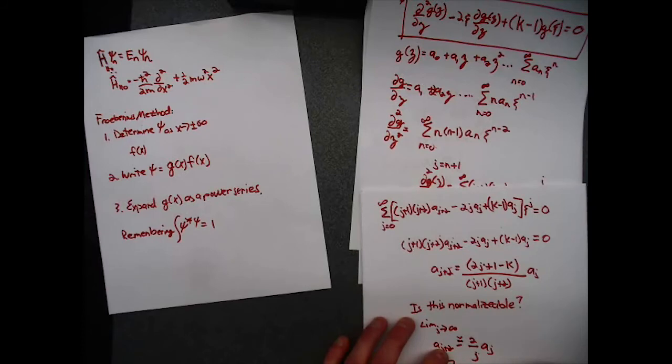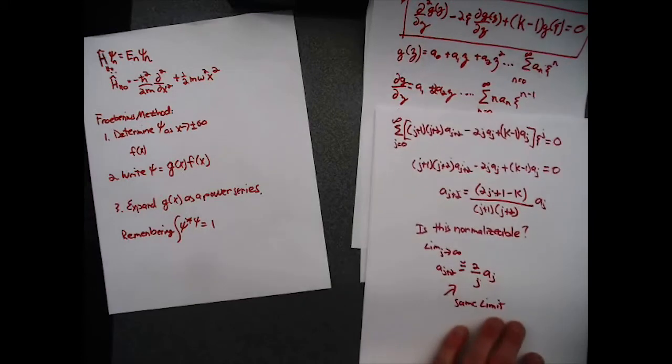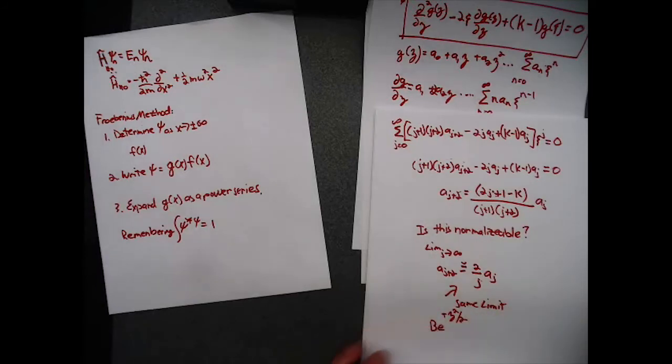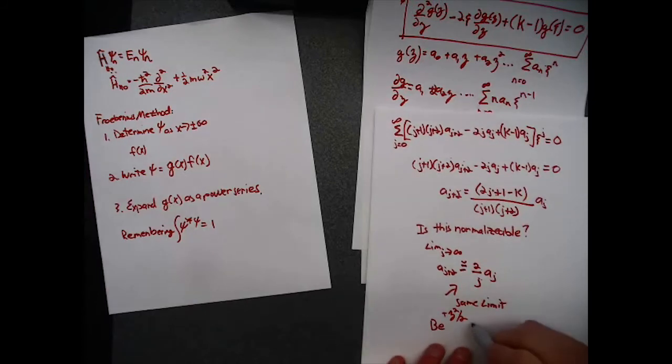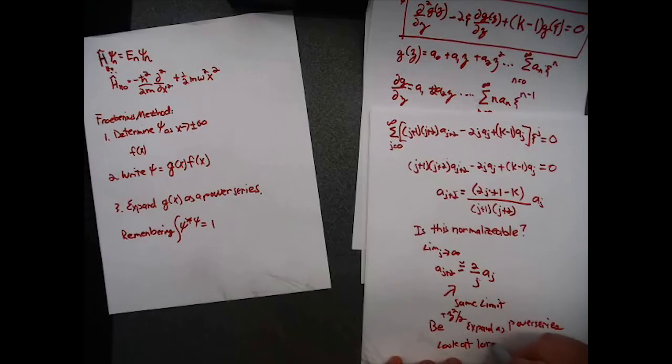So if we were to take e to the plus c squared over 2 and expand that as a power series, and look at large n, we would get the exact same limit.